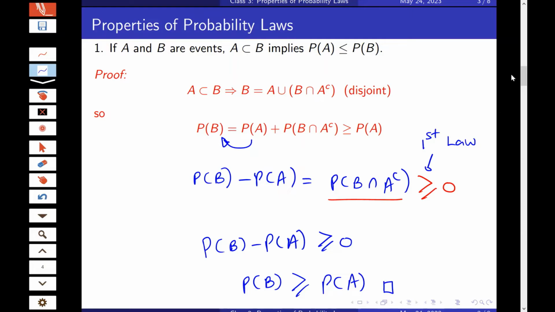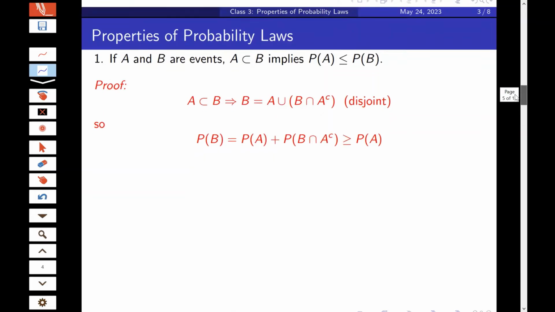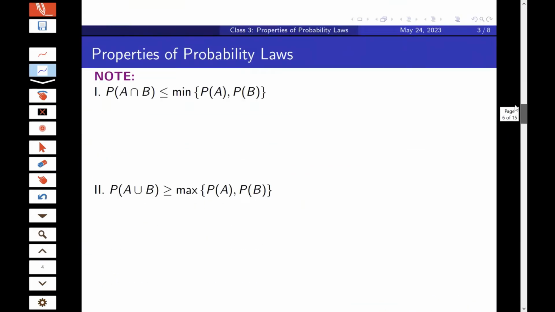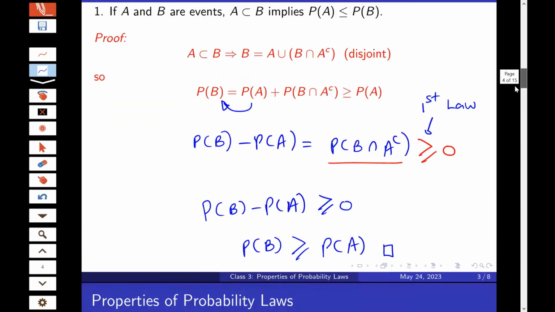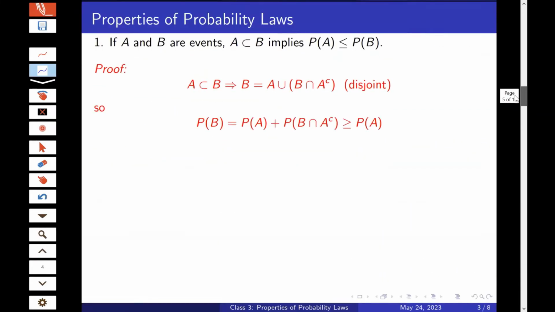Okay, so now using this property, we can obtain one more rule. We complete the proof here.